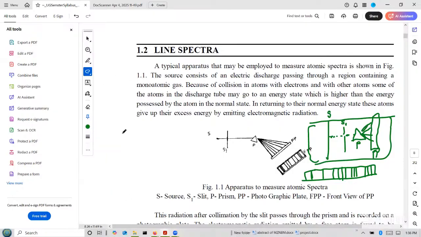A tube is there, called a discharge tube.